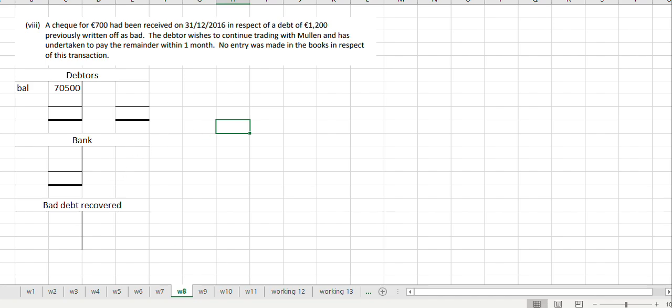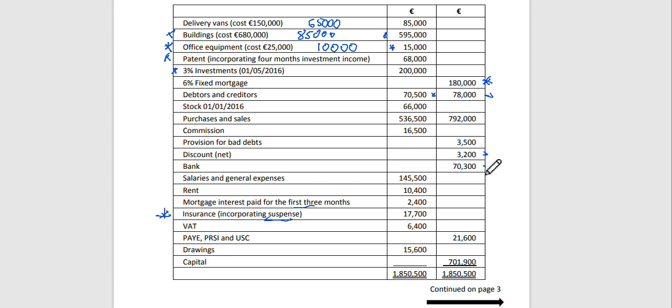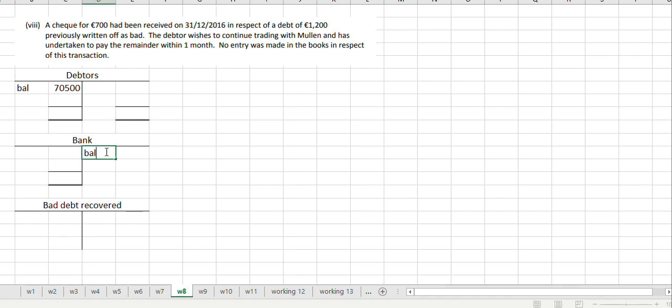Our bank figure is 70,300 on the credit side, and bad debt recovered is a new account. So what happened? A cheque for 700 had been received into the bank. So bank debit 700 for a debt of 1,200. So we're still owed 500. So we're going to debit debtors 500, and our bad debt recovered is going to be credit 1,200.